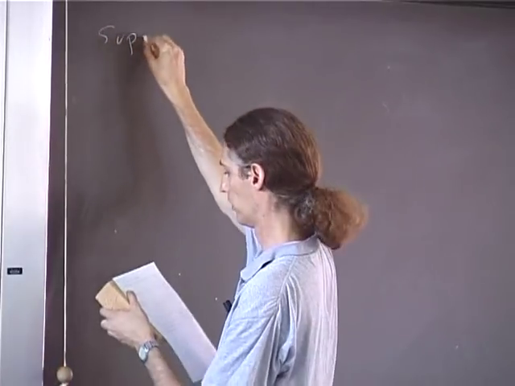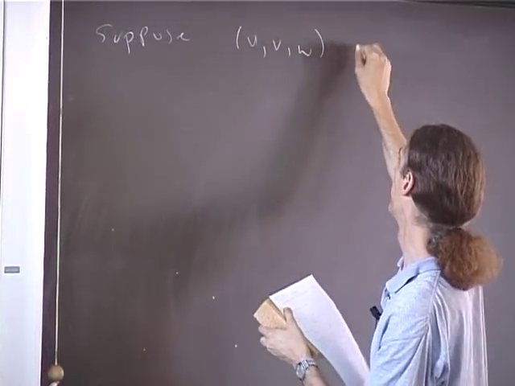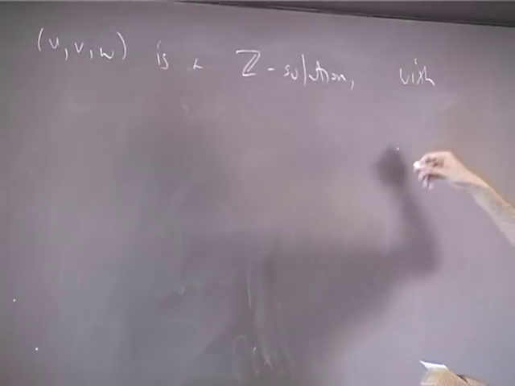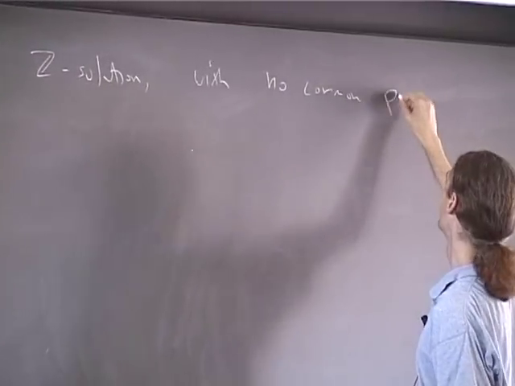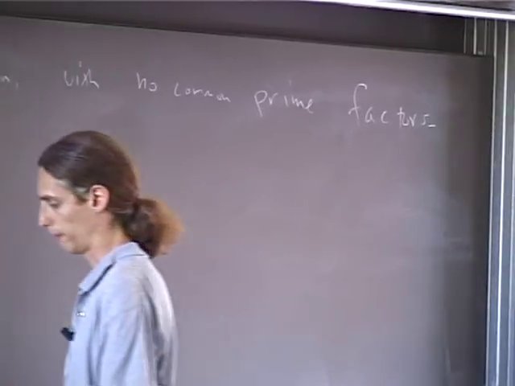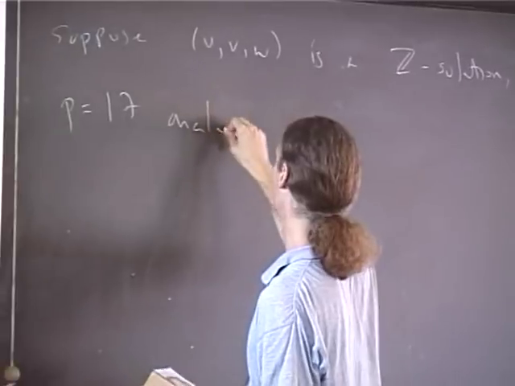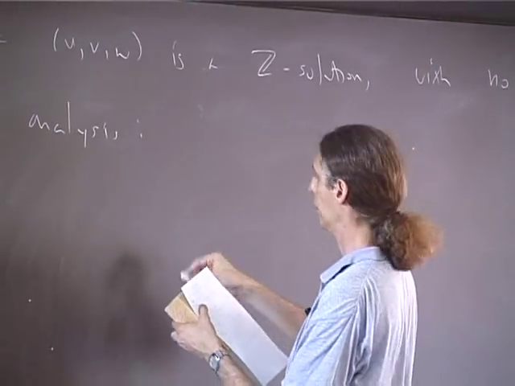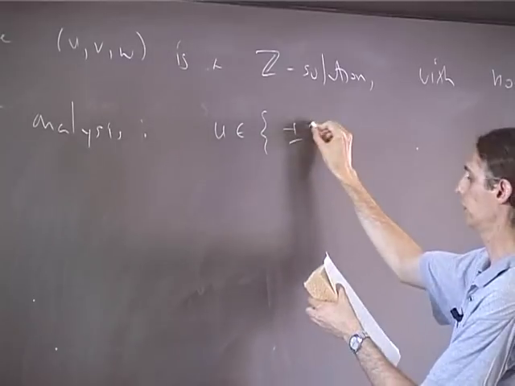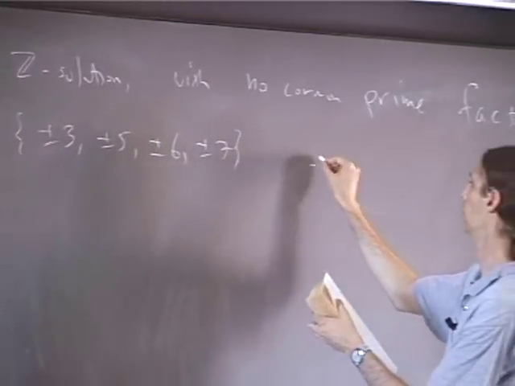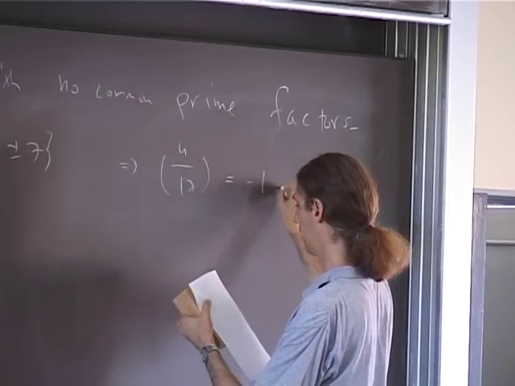So suppose there is a solution with no common factor. Then if you just see what it tells you mod 17, you see that u can only be one of the following choices: plus or minus 3, plus or minus 5, plus or minus 6, or plus or minus 7. In fact, exactly the non-quadratic residues.